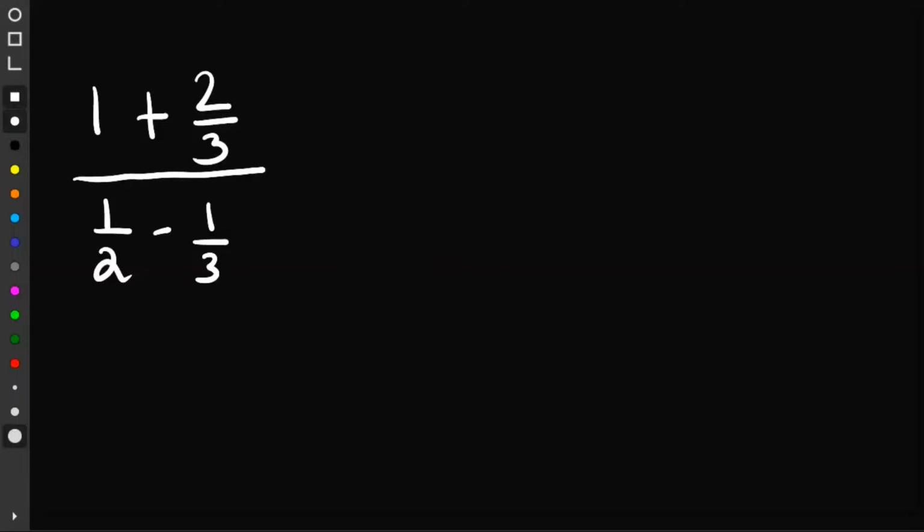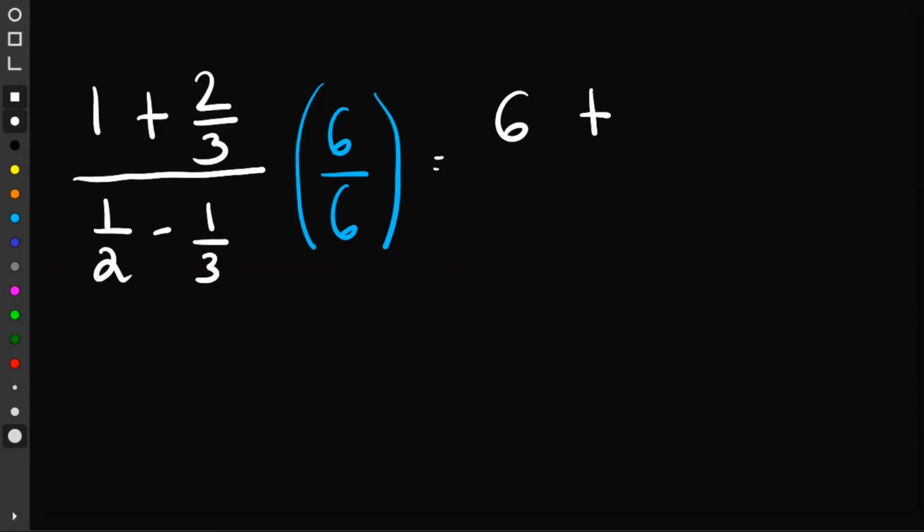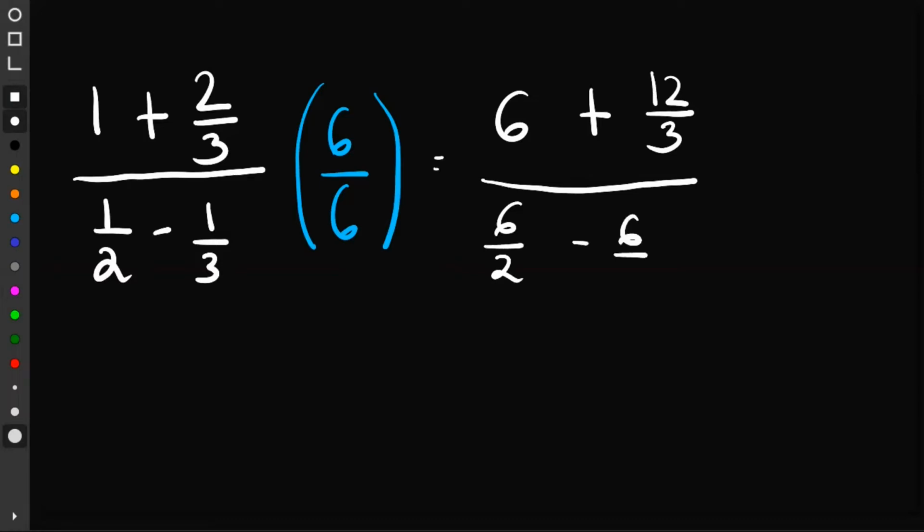So for this case, the LCM of 2 and 3 is 6. So we can multiply this one by 6 over 6, which would give us 6 plus 2 times 6 would give us 12 over 3 all over 6 over 2 minus 6 over 3.